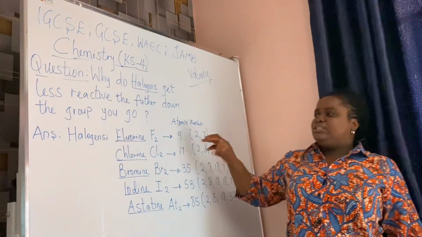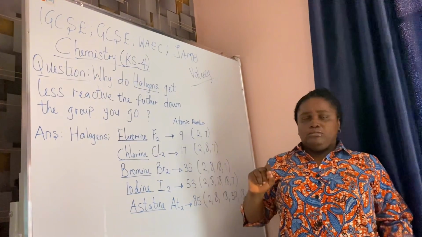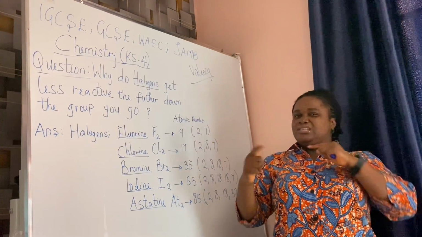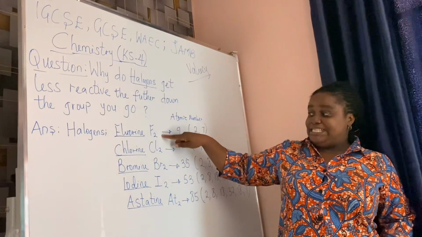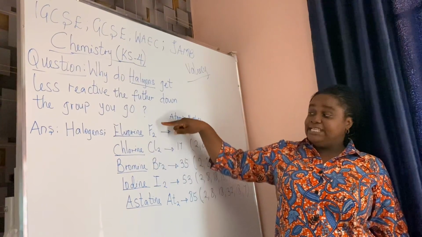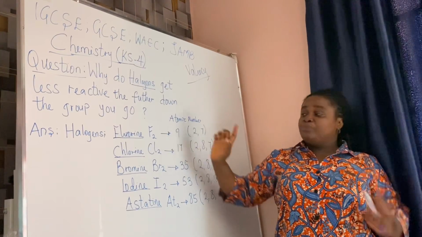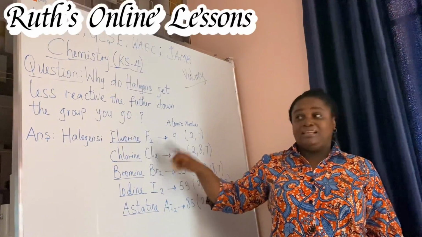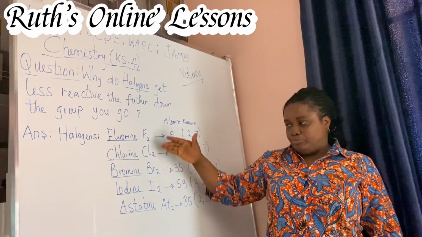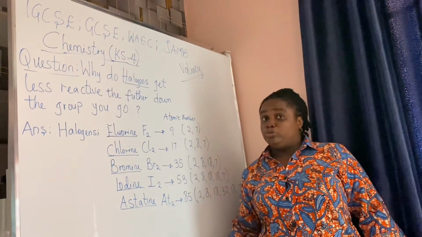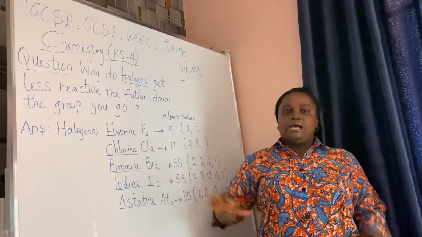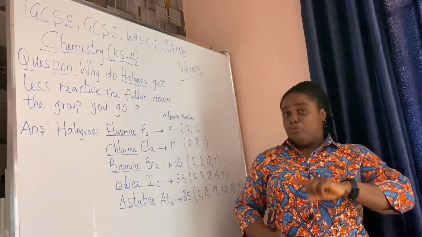Then you also notice that these halogens come with their chemical formula. For fluorine, you can see F and a subscript 2. For chlorine, Cl and a subscript 2, and bromine, iodine, astatine. They all have subscript 2 to tell you that these halogens are diatomic and they are molecular.